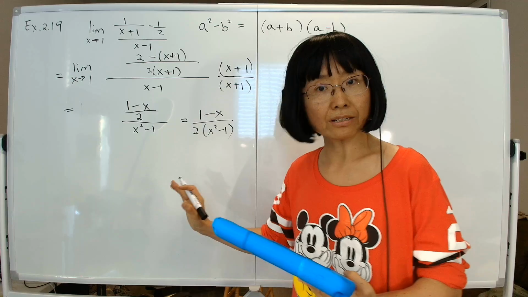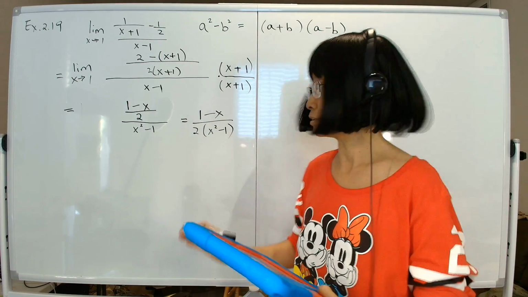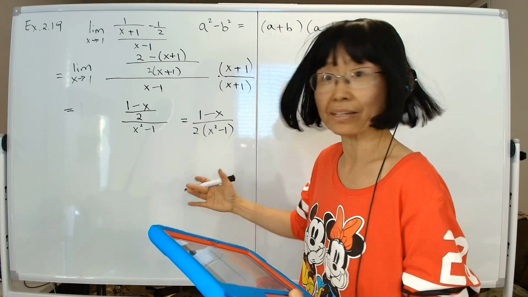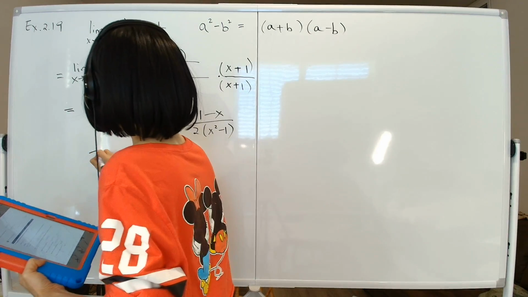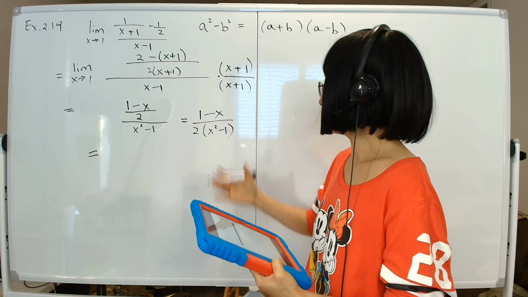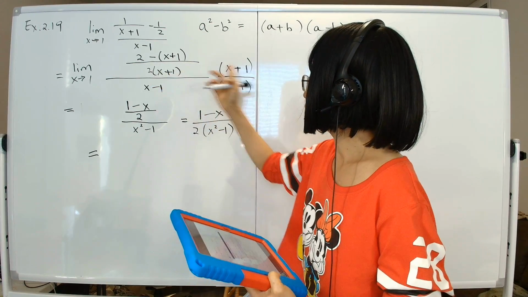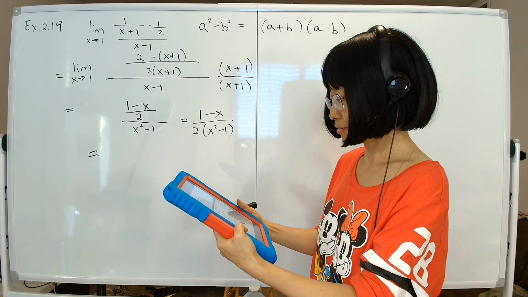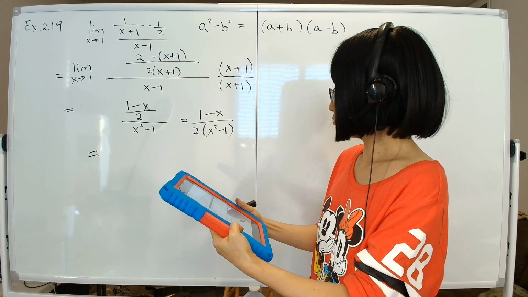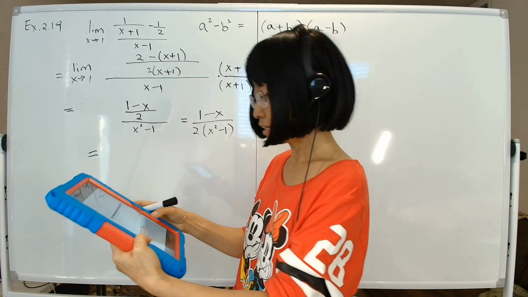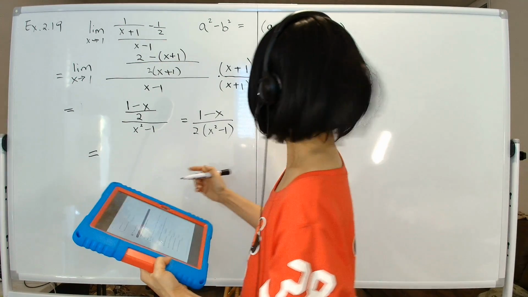If this isn't clear for you, please review how to solve rational equations and expressions, how to simplify them. Anyway, let's move on. So you got this, and notice there's some canceling happening. Actually, there's even more canceling happening, which is awesome.